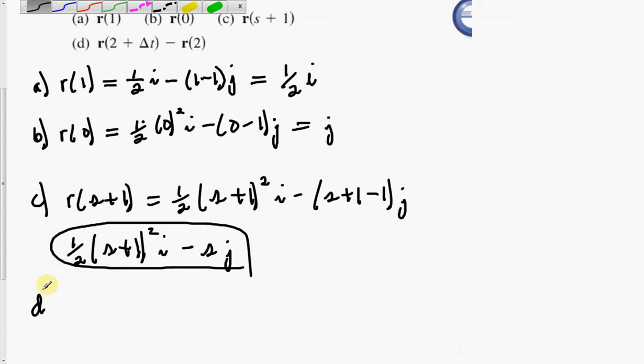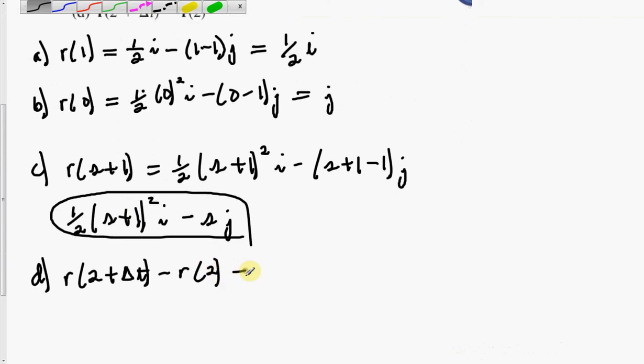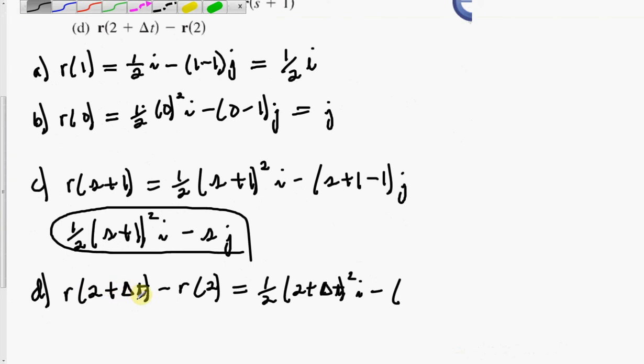Part D, r of 2 plus delta t minus r of 2. So that's equal to 1/2 times 2 plus delta t squared I minus, here we're still looking at the r of 2 plus delta t first.